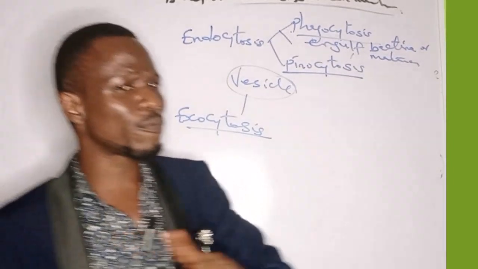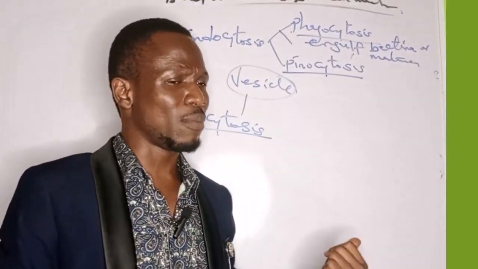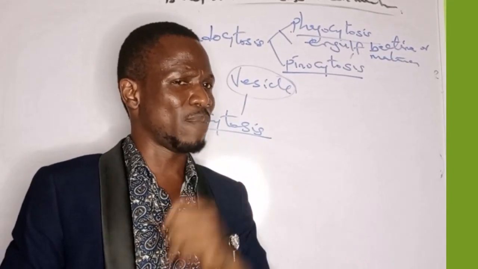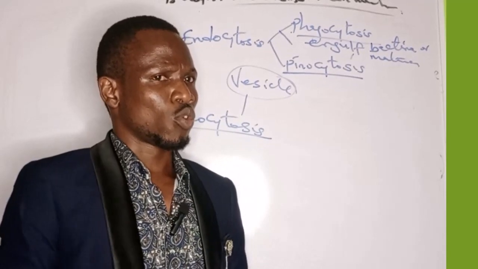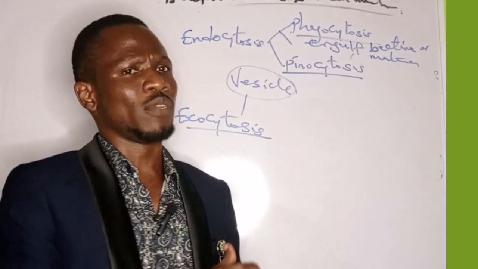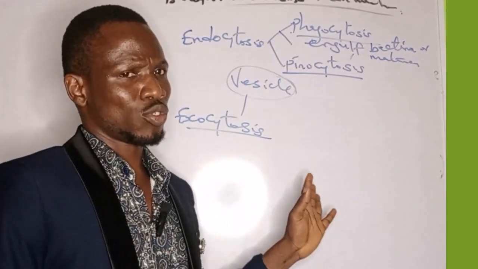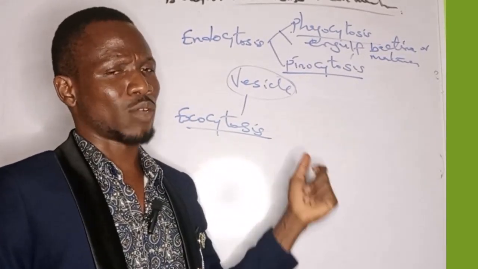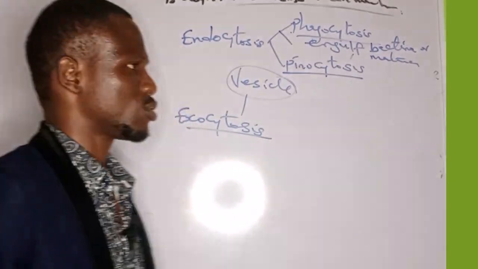They cannot move into or out of the cells on their own because the cell membranes are selectively permeable. So vessels are developed to enable the movement of these molecules, particles, or microorganisms into and out of the cells.